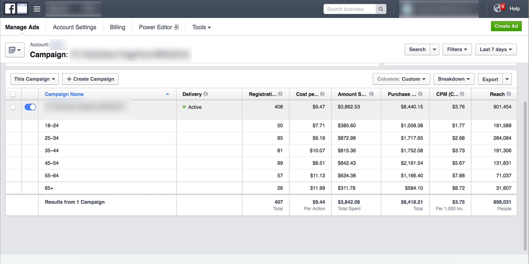I have instances like that. Probably seen it in one of the videos in this course where I show you I'm targeting everybody and it's crushing. But that's because I've been doing this for so long. My ads are just like, and my conversion pixel is so intelligent.